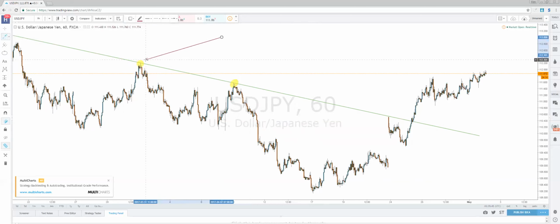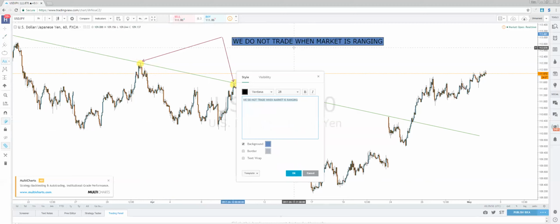What kind of order would you have wanted to get in? I just gave you the answer. What kind of order would you have wanted to get in right here? At those points, I would open sell trades, I would get into a trade for a sell.